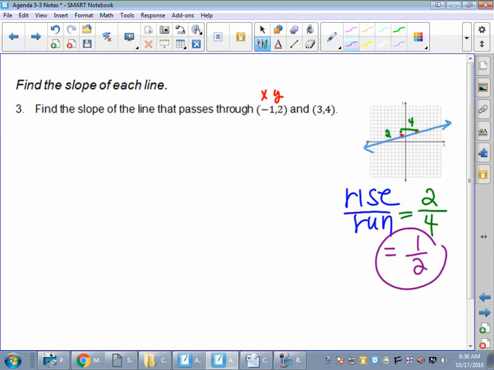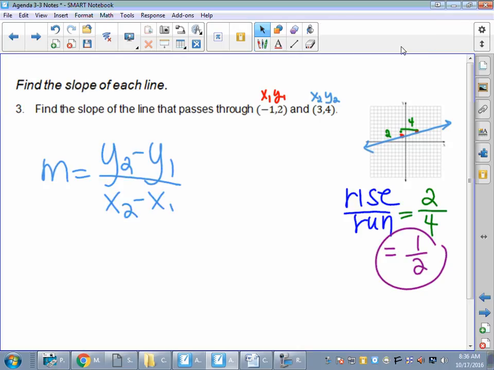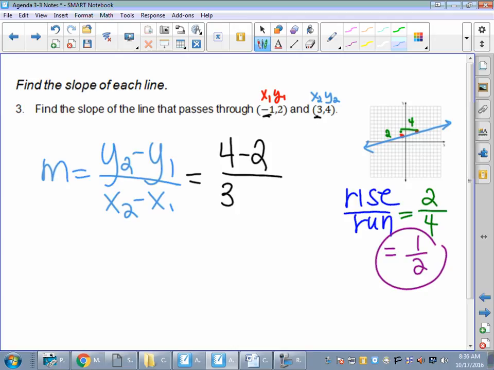If you like a formula, let's do this. Does everybody agree that's an x and a y? And I'm going to put 1s there because that's my first point, or first ordered pair. This is also x and y, but I'm going to put 2s there because that's my second point. We know that the formula is that. So let's just put them in there. We're going to do the numerator, do the denominator, and then deal with that fraction. So y2 minus y1, 4 minus 2 over x2 minus x1, 3 minus -1.